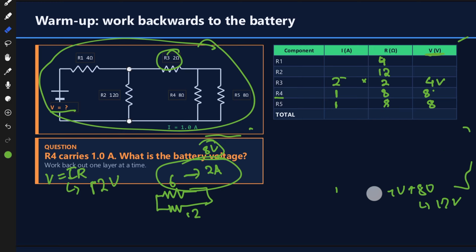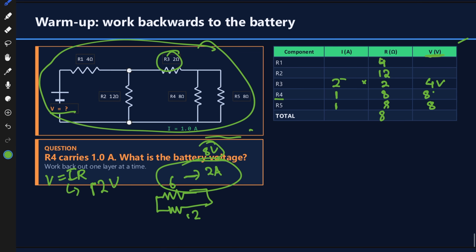Okay, so let me erase this and then write back the 8 ohms there. Okay, so there you go. From that, we know that over here there's a total of 12 volts, right?